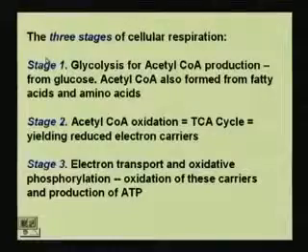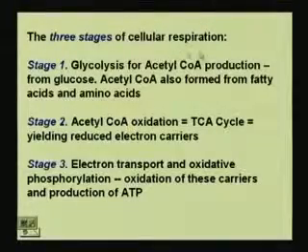In the last step of our metabolism of carbohydrates, we are going to consider today the tricarboxylic acid cycle or the Krebs cycle. Now, if we look at the 3 stages of cellular respiration, the first stage that we have gone through is glycolysis for acetyl coenzyme A production.